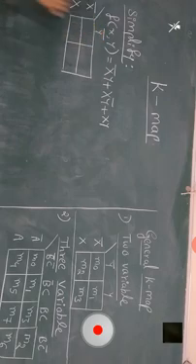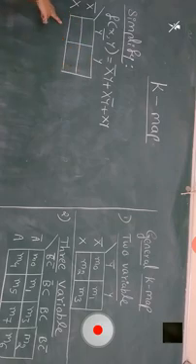This is y bar and this is y. Now next, after writing this, you can see in the general K-map that we have the min-term values. Wherever the min-term values are there, we have to mark them as 1.